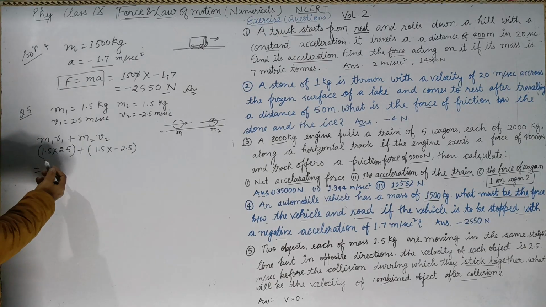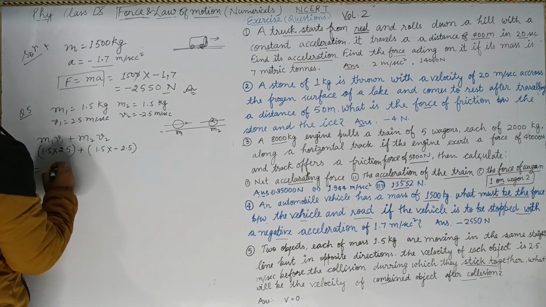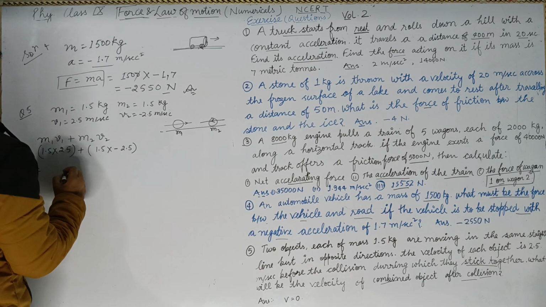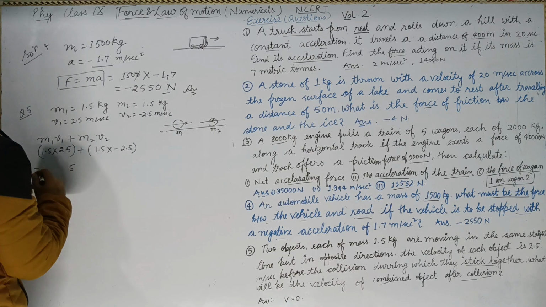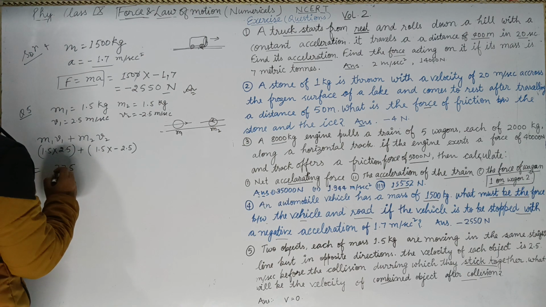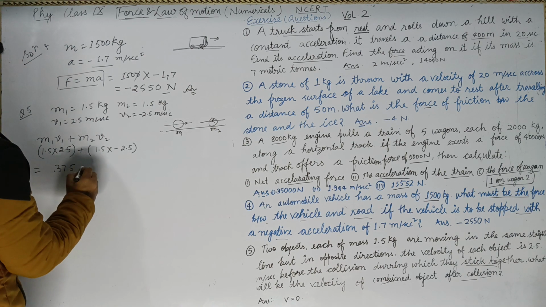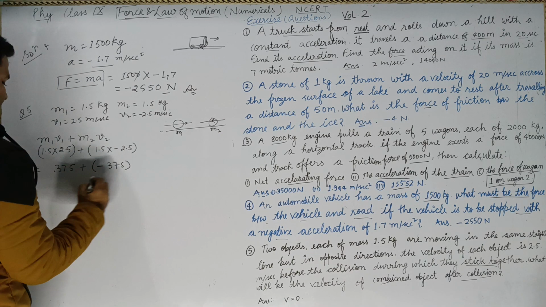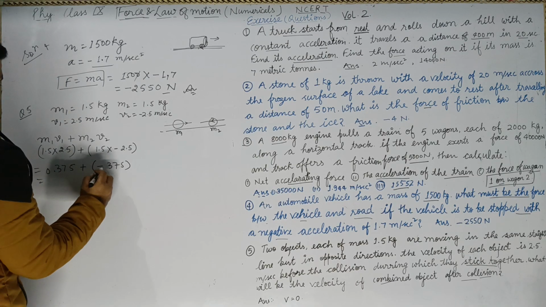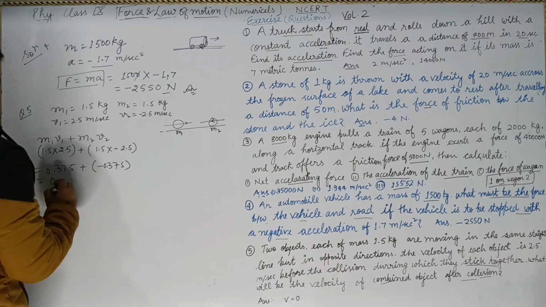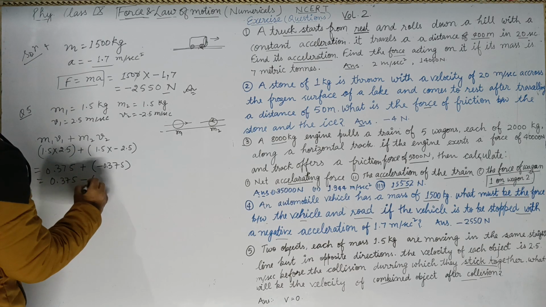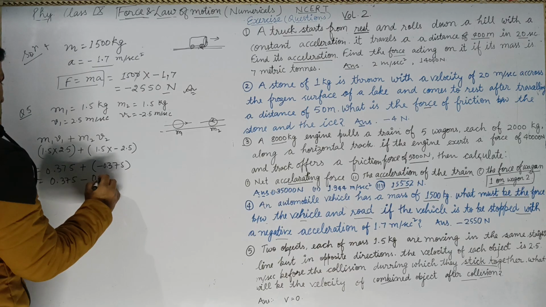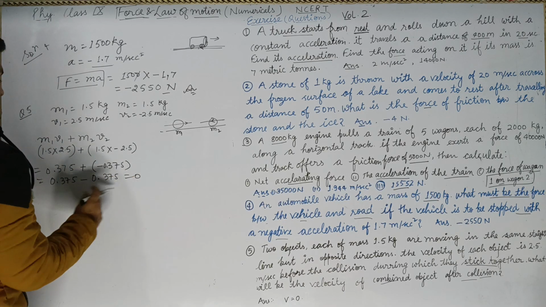Multiply it: 25 5 the 125, carry 12, 25 25 plus 12, 37, 375. So 0.375 minus 0.375 is equal to 0.